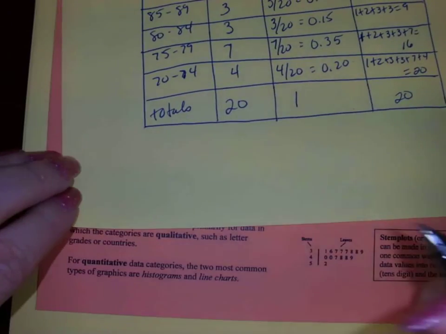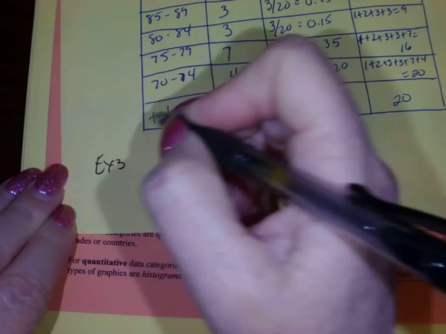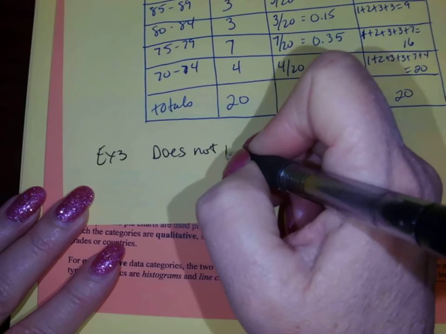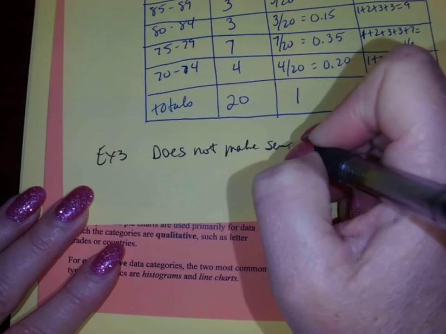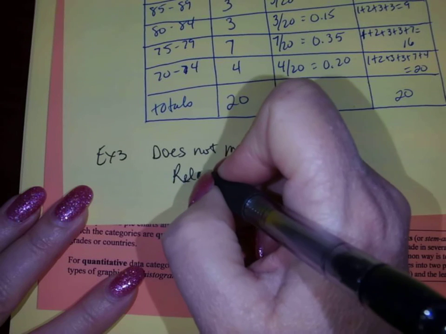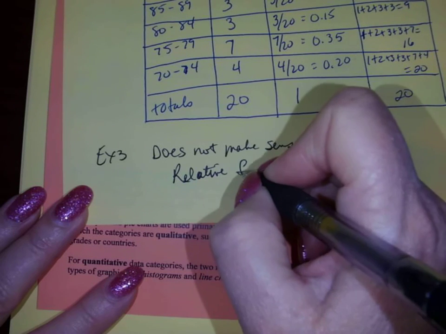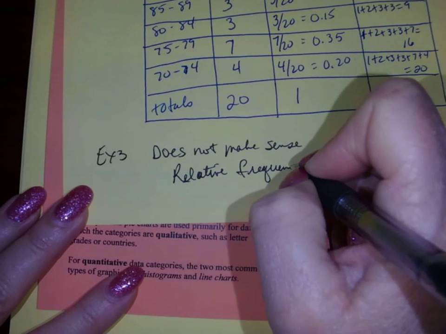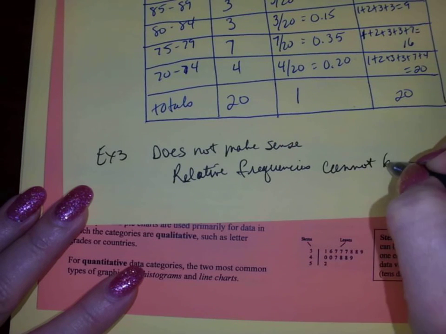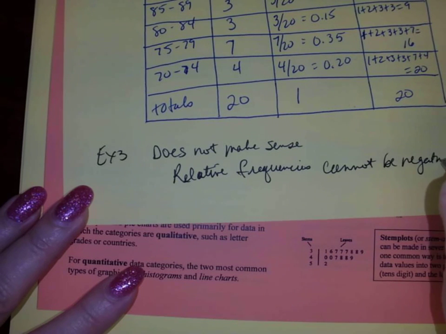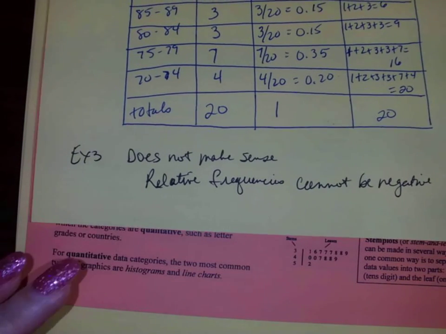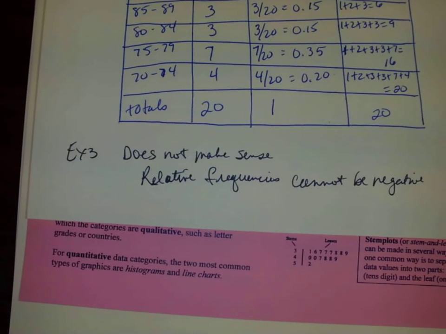I'll just tack that on at the bottom here. So it does not make sense that relative frequencies cannot be negative. Okay, so that would be your reasoning of why that one would not make sense.